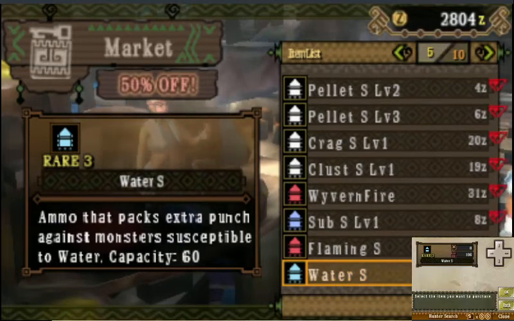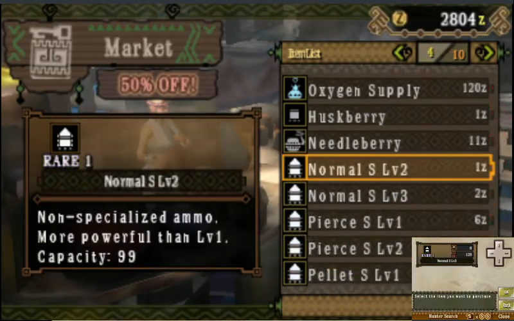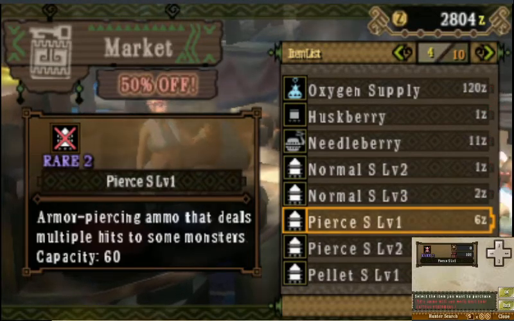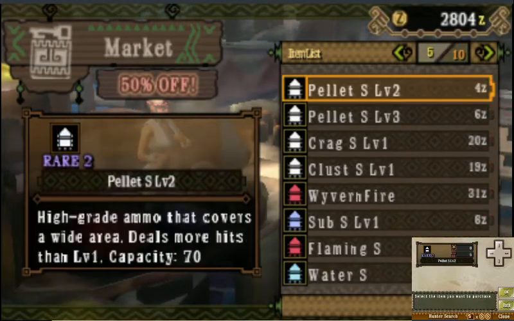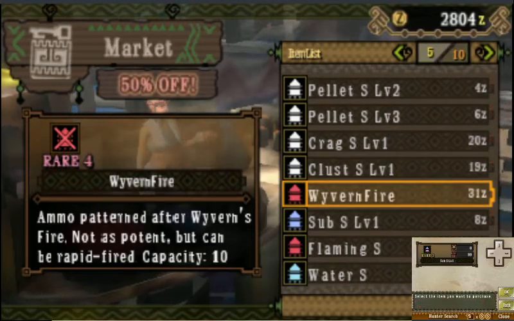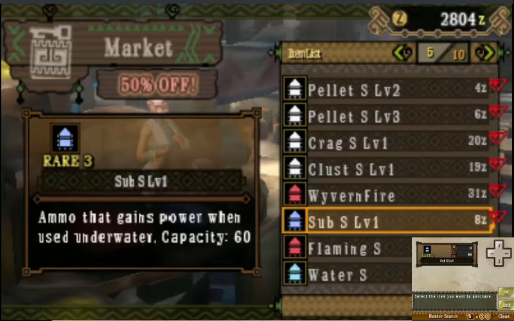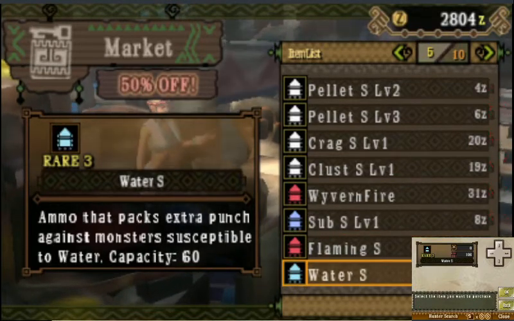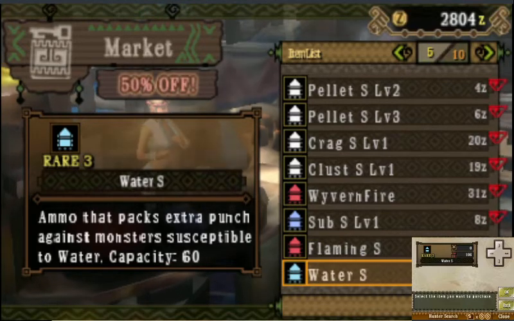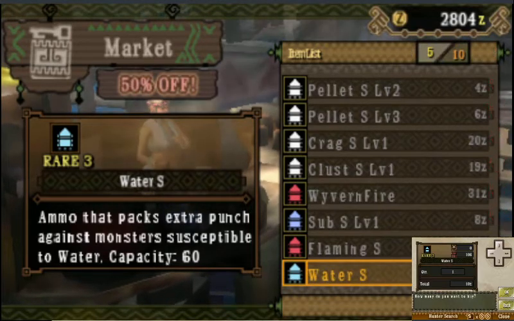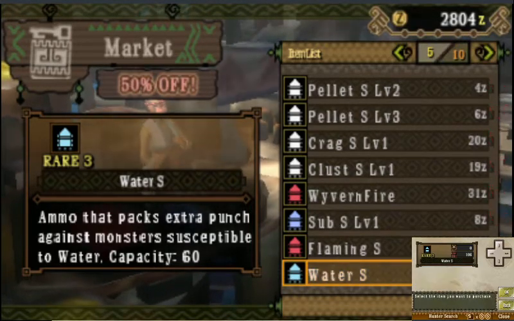Do note that while the regular ammunitions are fairly cheap, 1 zenny, 2 zenny, 6 zenny, 8 zenny, 2, 4 and 6 zenny, the special ammunition will be quite pricey. For example, the water shot is 10 zenny after discount, so without the sale, it would be 20 zenny per ammunition.